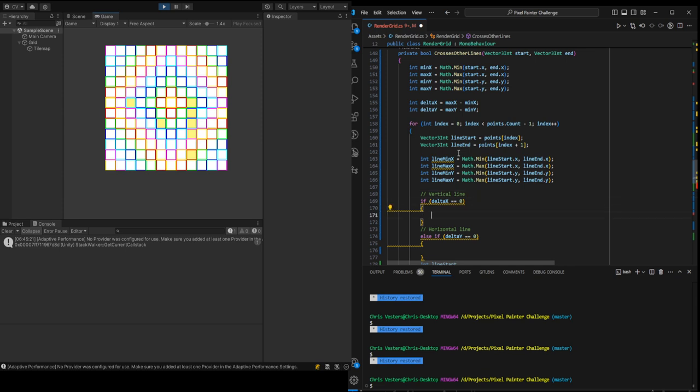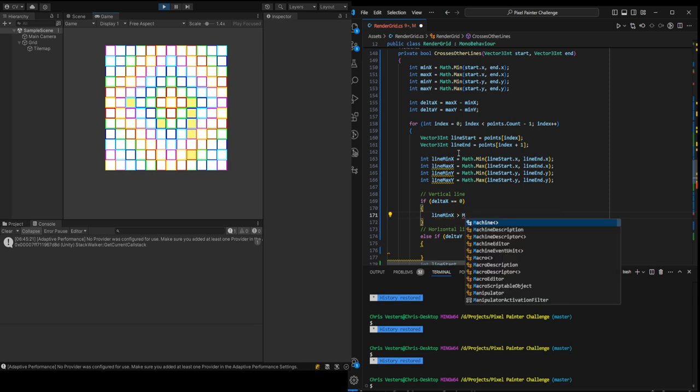If delta x equals 0, so that means the vertical line, then I have to check that my line min x is larger than min x, and line max x is smaller than max x. So that means it's a vertical line, that the min x and max x is 0.